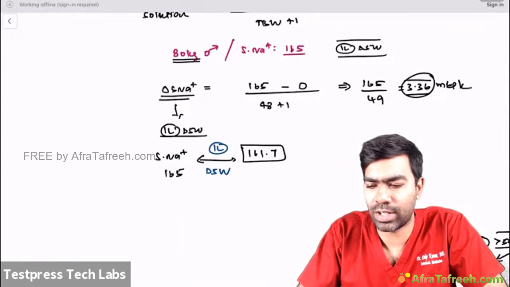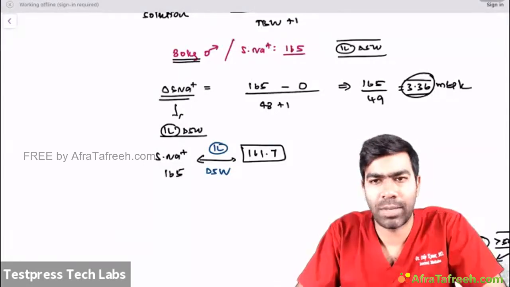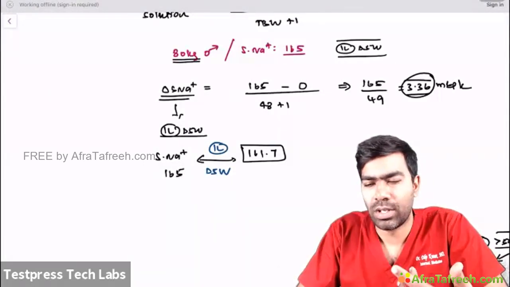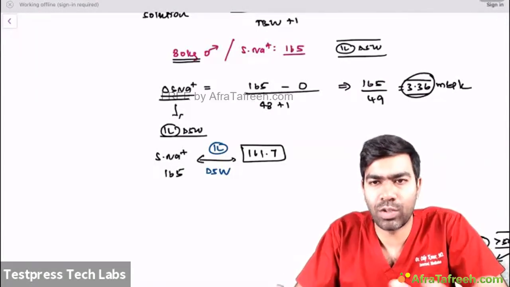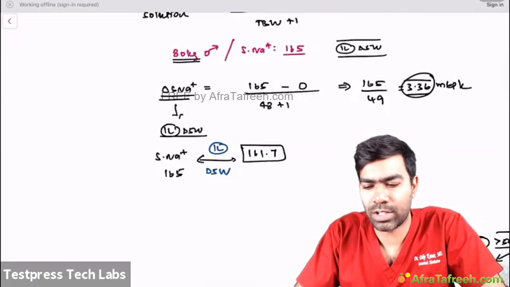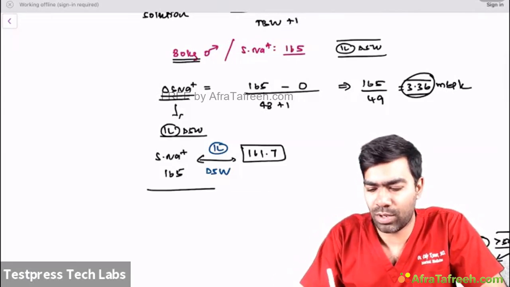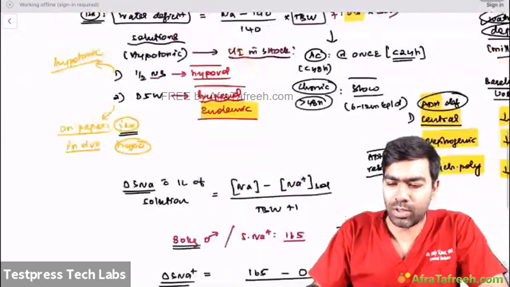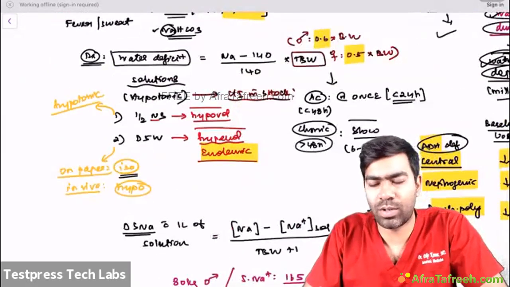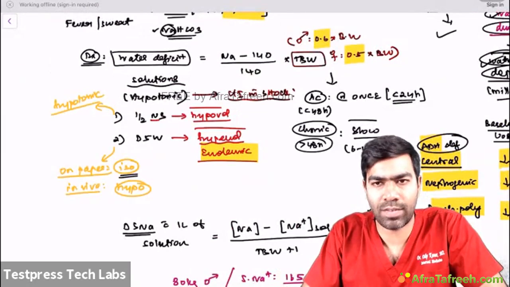If I give 2 liters of dextrose 5 water, according to this calculation, my serum sodium will come down to probably 158, because I need to reduce by 7. That is my target. So based on this formula also, you can find out how much free water you need to correct how much sodium. So these are the two formulas in reality to know how much free water you have to give.